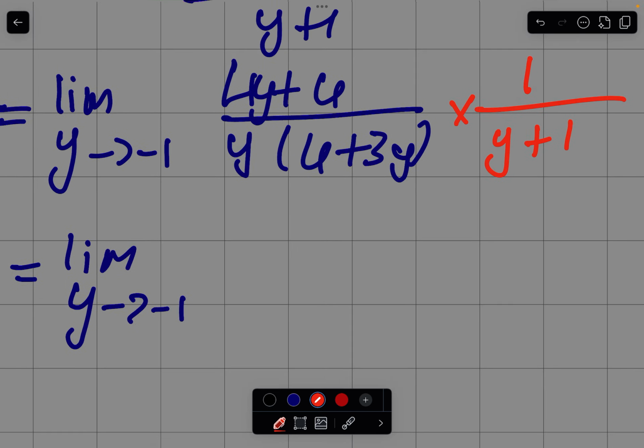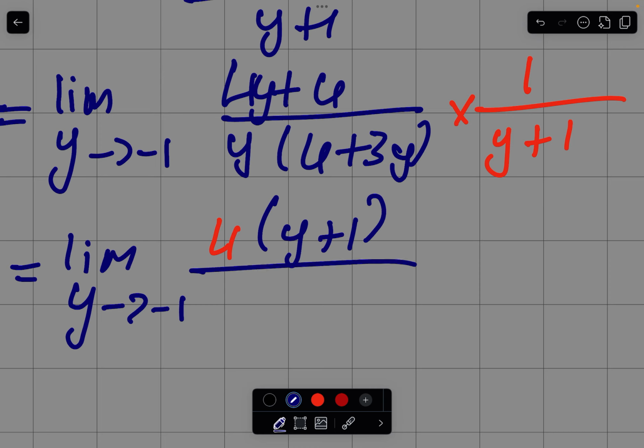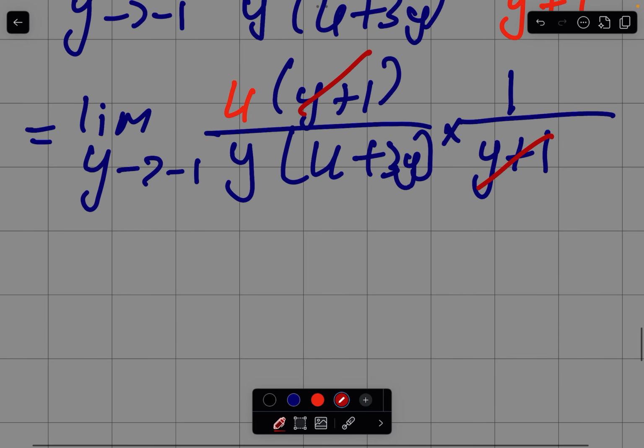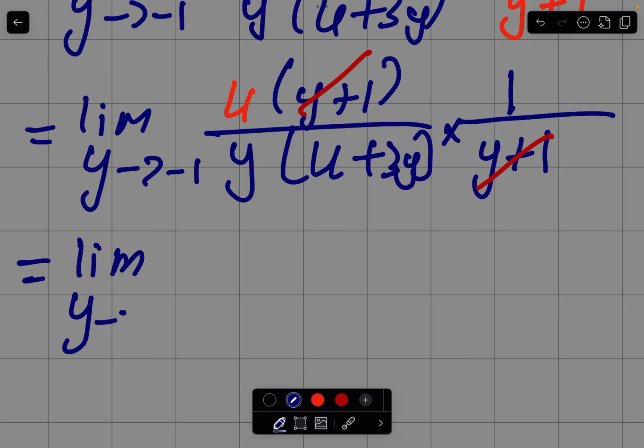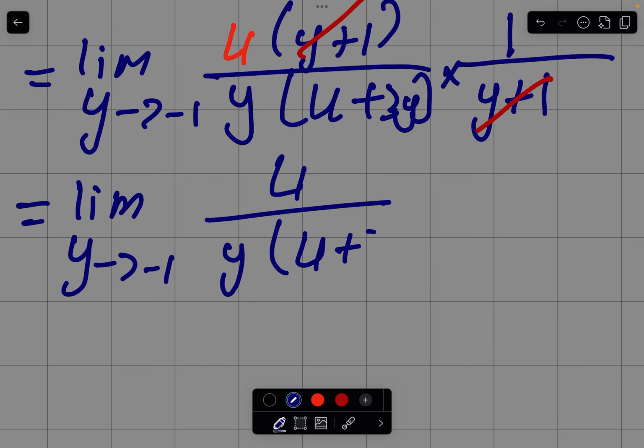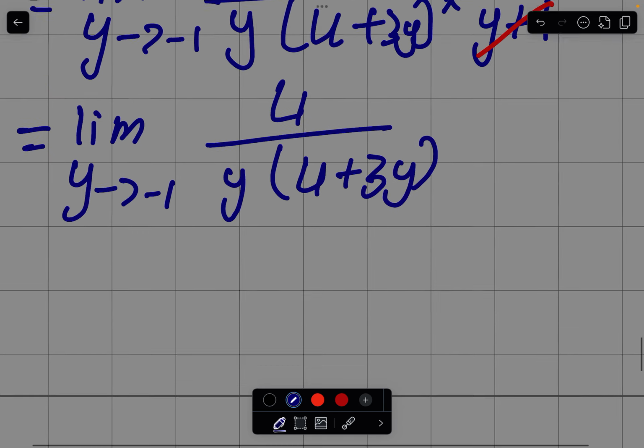So we're going to have the limit as y approaches -1. Therefore, you have a common factor of 4 here. You have 4 times y plus 1, all divided by y times 4 plus 3y, multiplied by 1 over y plus 1. Therefore, this cancels. You remain with the limit as y approaches -1 of 4 over y times 4 plus 3y.